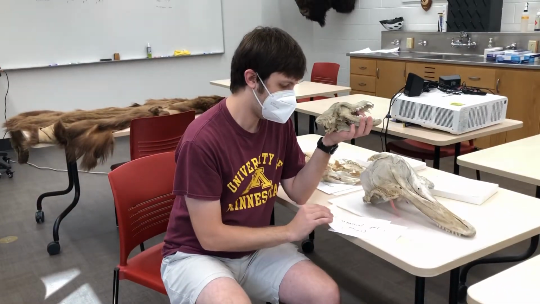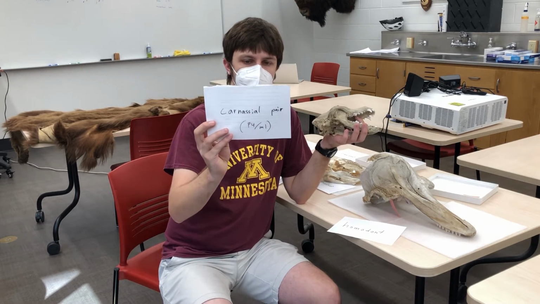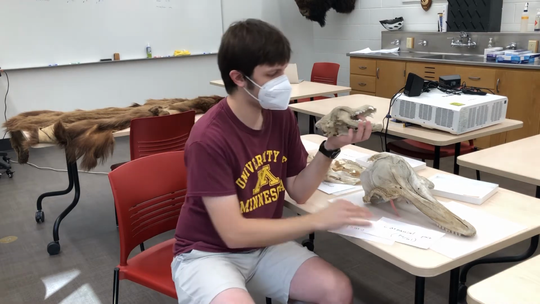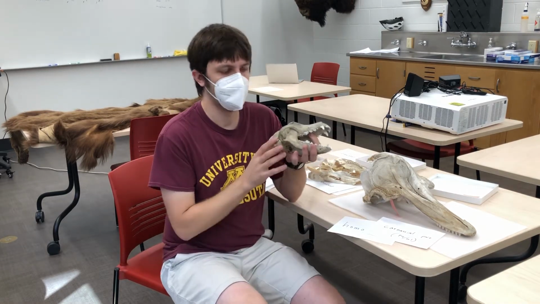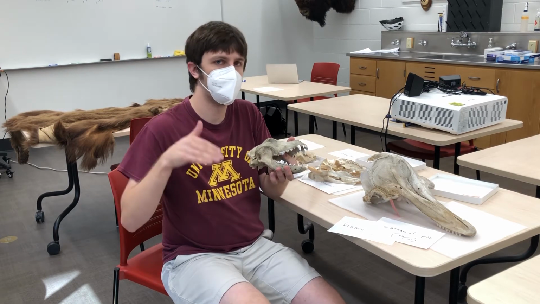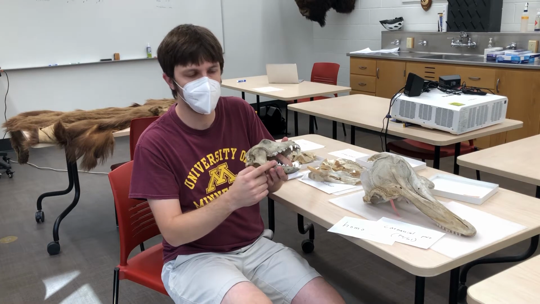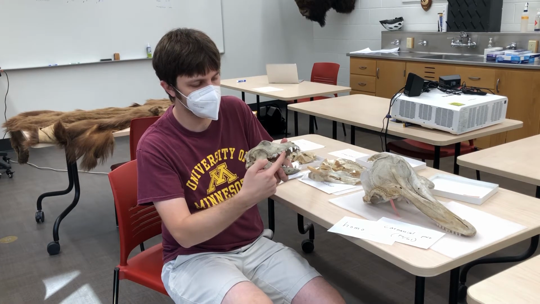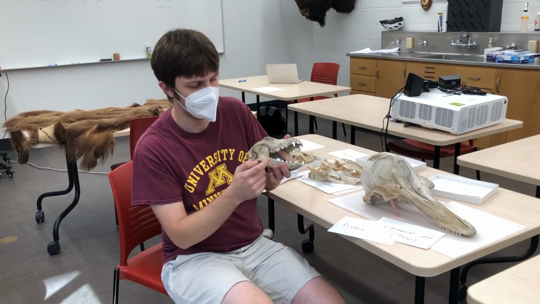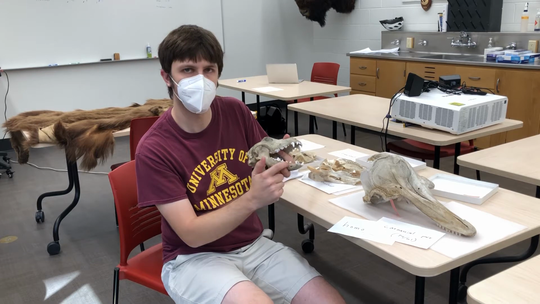Now, by the way, capital P for upper teeth, lower case m for lower teeth. If you look at this dog's skull, you might not know which teeth are the premolars and which are the molars, but by using this as the guide, you know that anything in front of this is a premolar, anything behind it is a molar. Similarly, anything behind this is a molar, anything in front is a premolar.